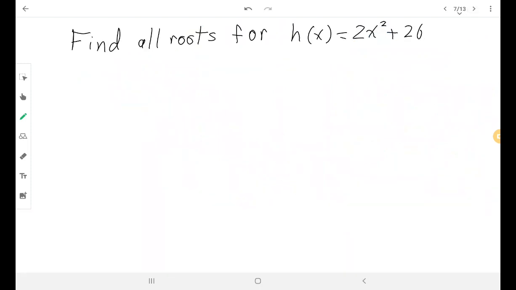So let's find all the roots, which is the zeros, the solutions for this next one, and this one's a lot smaller, right? To find all the roots for this one, first of all, how many roots are there? Well, there's only 2, so that'll be helpful. So all I have to do, since I've already got a quadratic, is just set it equal to 0 and solve it.